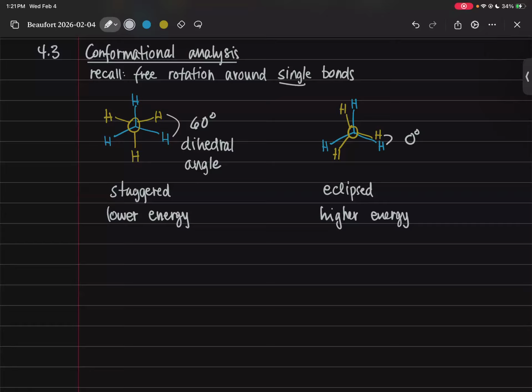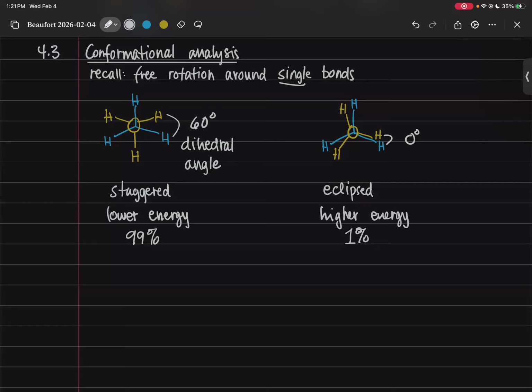In fact, in ethane, if you just take a picture of a sample of ethane, almost all of the molecules will be staggered and 1% will be eclipsed. Now, because there's free rotation, right, it's not that 99% of the molecules are locked in staggered configuration and 1% of them are locked in eclipsed configuration.